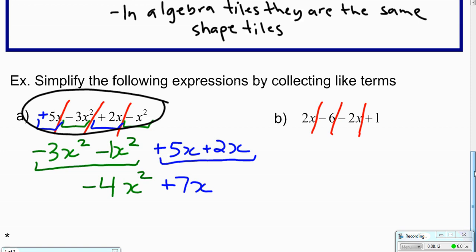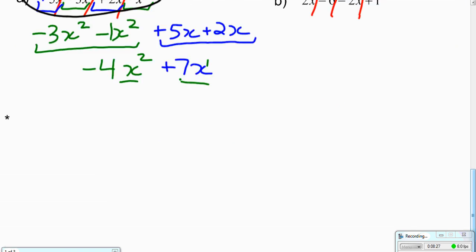Oh, sorry, let me go back to A for a sec. And so now we have a binomial, and they both have the same variable x. But one is x squared and one is x to the power of 1, so they don't represent the same shape. If you remember, x squareds look like this.